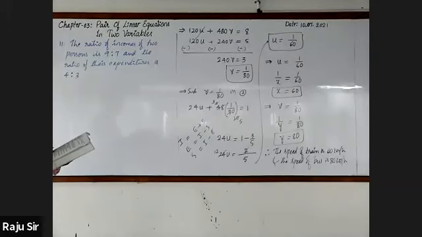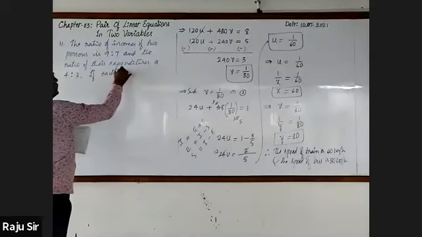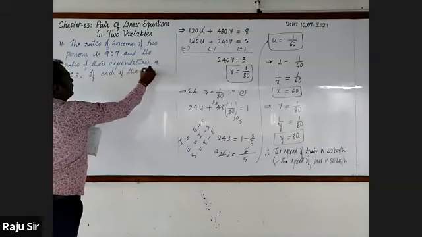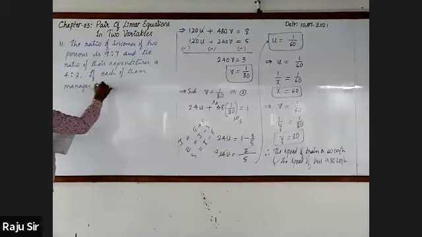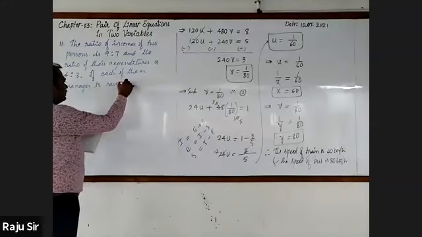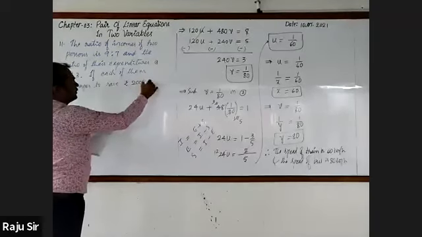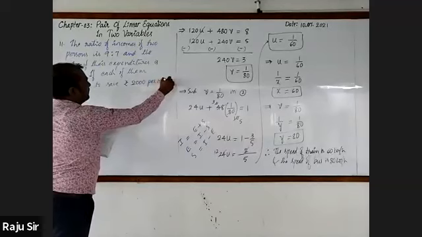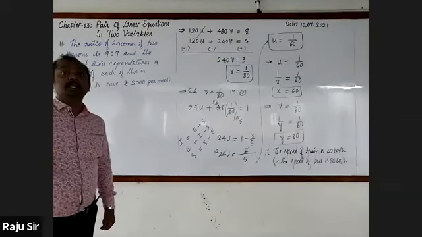If each of them manages to save rupees 2,000 per month. Fine, they are given only monthly incomes.